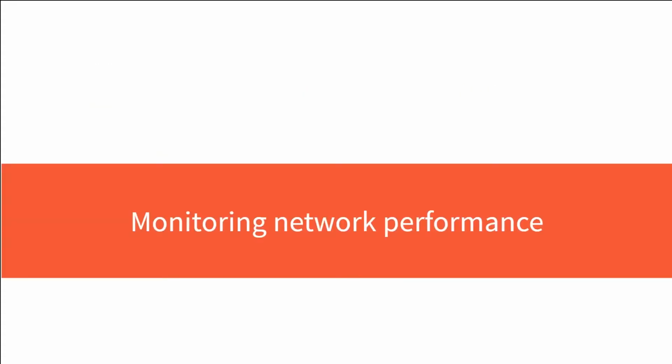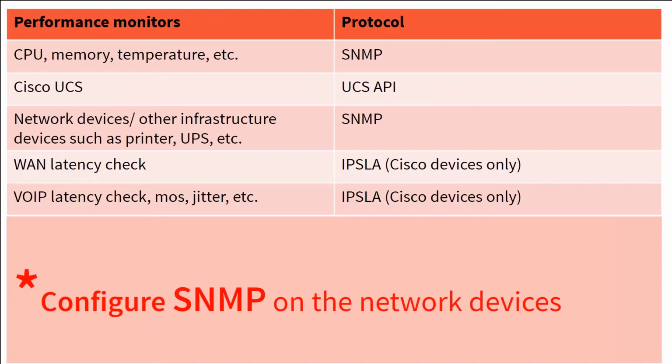All right, so let's get started with monitoring the network performance. This screen shows the information of the performance metrics and the protocols that we use to fetch the information. For Cisco UCS, it uses the UCS API, and for network devices apart from routers and switches, it also monitors printers and UPS through SNMP, and for WAN and VoIP, it uses IPSLA, and it supports only Cisco devices.